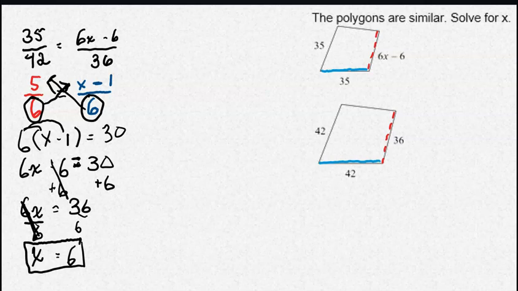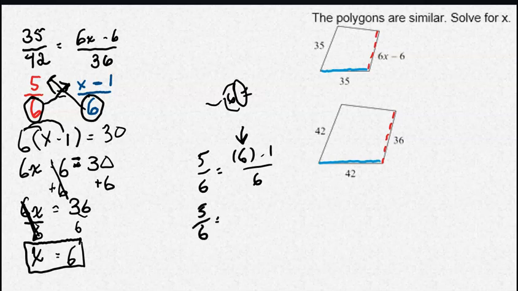So if you want to do a check here just for the sake of it, I could actually plug this in, and I'm doing this live without a script here. I plugged 6 into that x, and 6 minus 1 is 5, so I got 5 over 6 again.